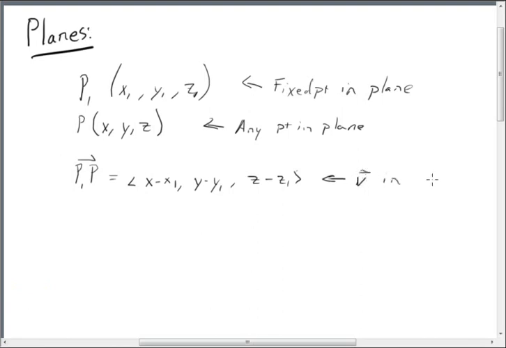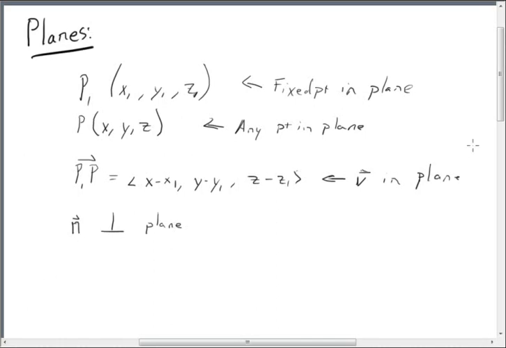We'll have the vector n be a normal vector to the plane. That means the vector n is perpendicular to the plane.